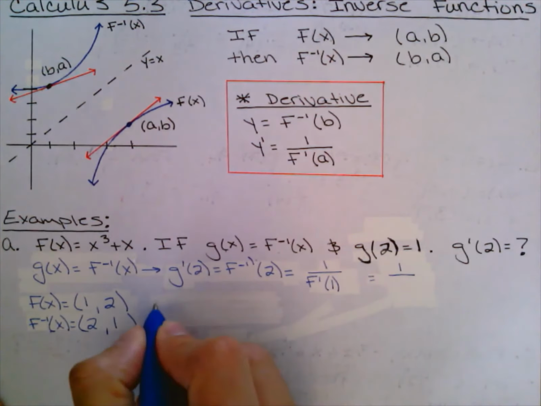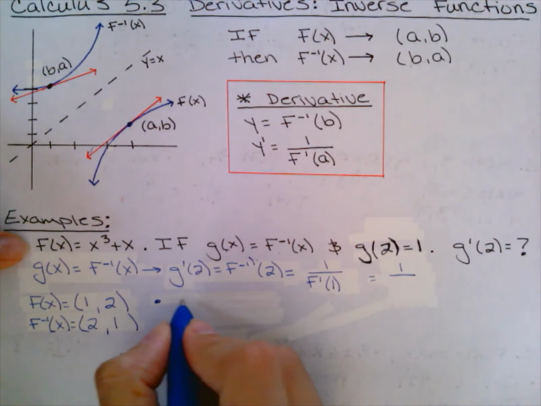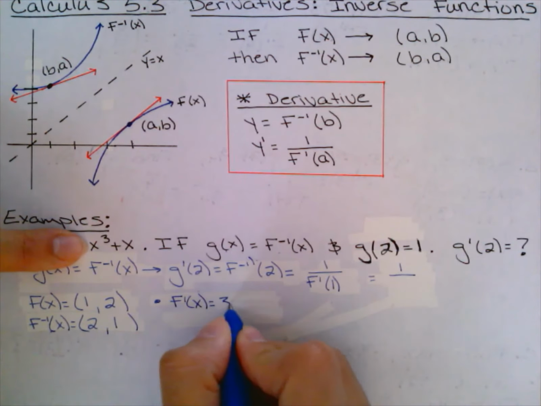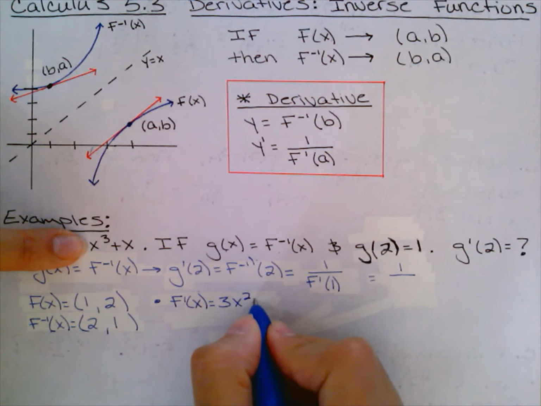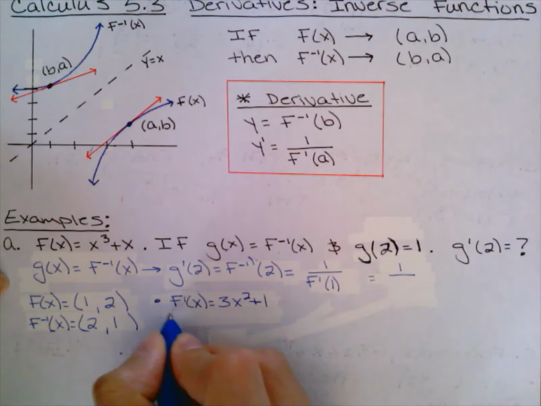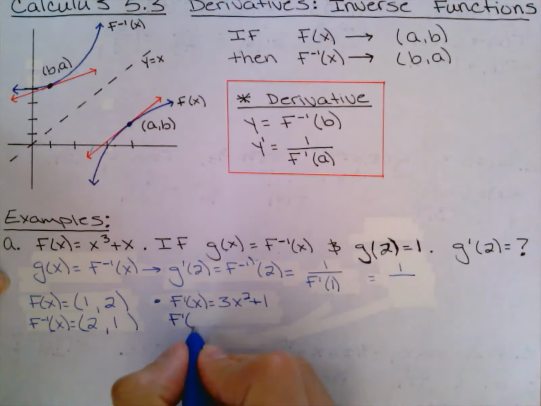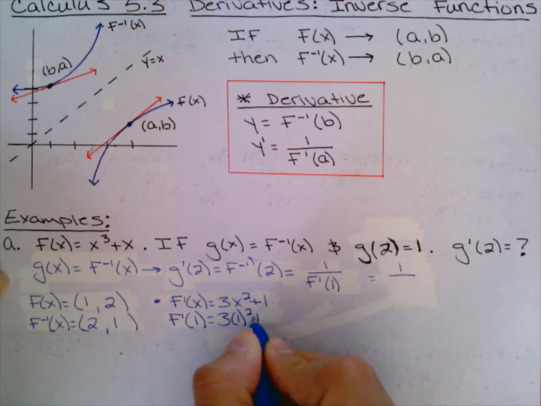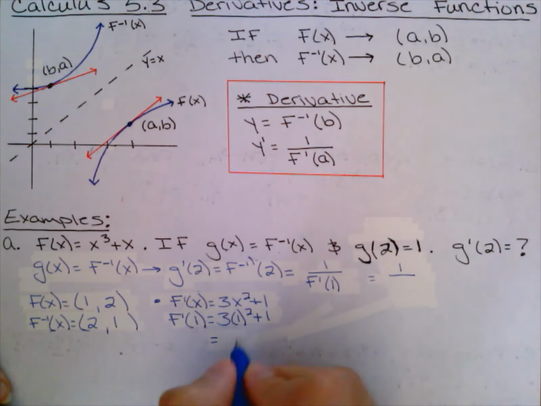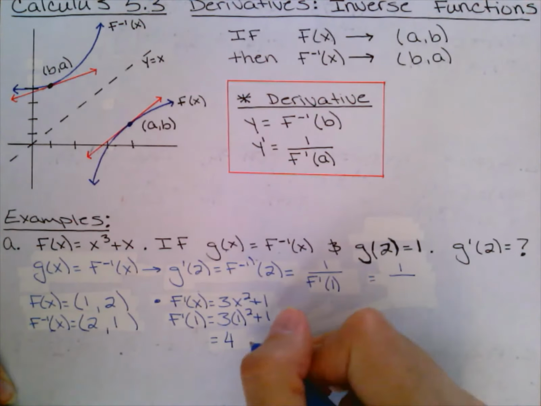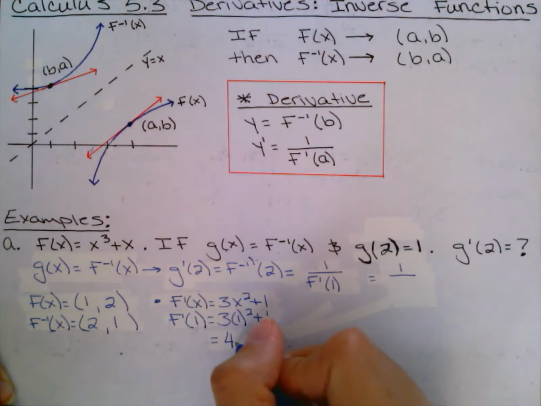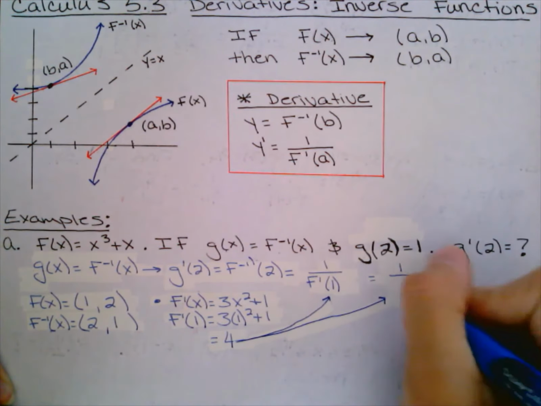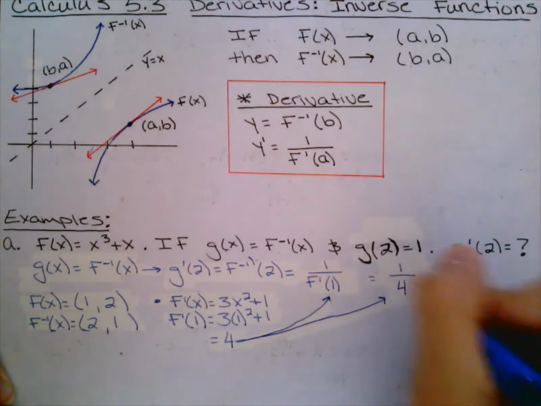So let's take a moment now and say, okay, if this is f of x, then f prime of x is going to be 3x squared plus 1, and then f prime at 1 is going to be 3 times 1 squared plus 1, which is going to give me 4. Okay, so the answer of f prime of 1 is 4. Then that is going to be the answer in my denominator right here.